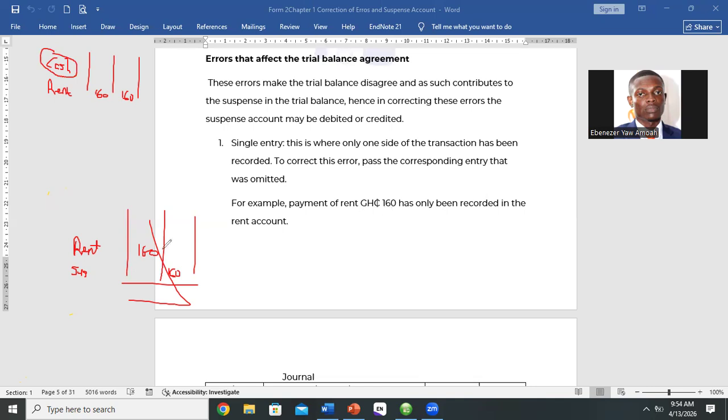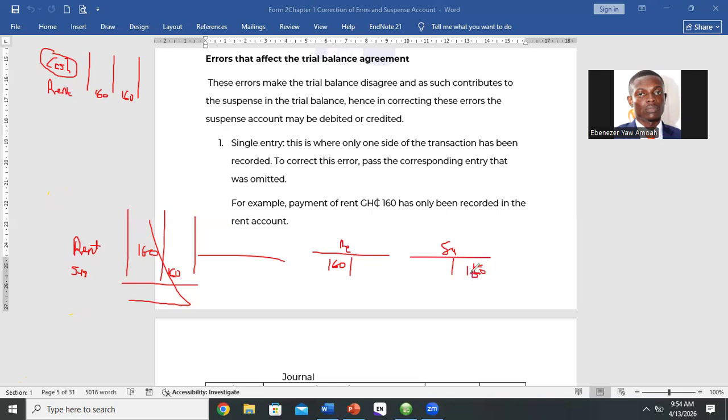Because as it stands now, if you look at this trial balance, this is what you have. You have rent, debit of 160, and then you have suspense, credit of what? 160. Now, we do the investigation and realize that this credit of 160 in the suspense account is supposed to be in what? Cash account.